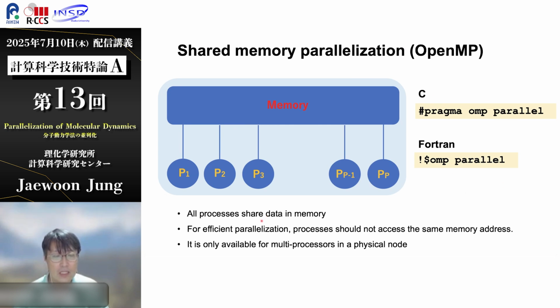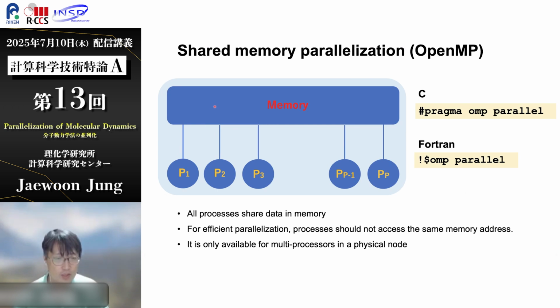But here, for efficient shared memory parallelization, one of the most important is the memory access. So for example, this processor changes some value of memory. And this processor will use the value after this processor has evaluated something and written something in memory. And in this case, the order is very important.